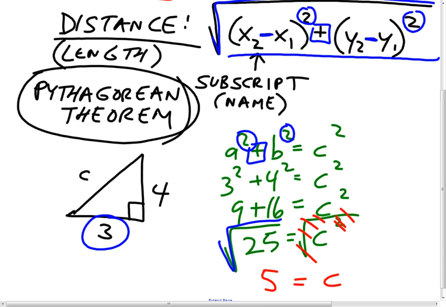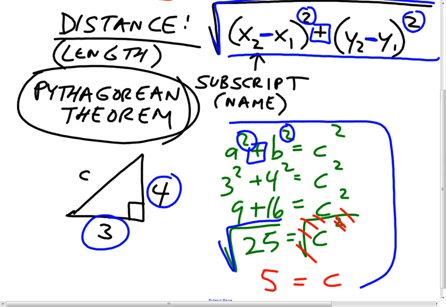This subtraction here is determining that distance. It's just being done on a graph, on a coordinate plane that you're not seeing and you're not considering. This is encapsulating all of this into a nice, neat formula so you don't have to draw a picture and you don't have to go to the graph.